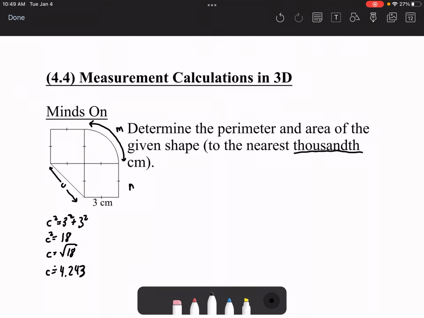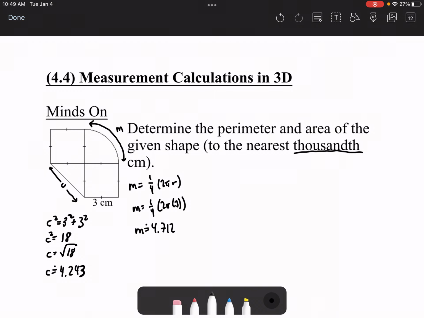So M can be calculated by 1/4 of the circumference of a circle, which is given by 2 pi times whatever the radius is. Again, using my calculator to work that out, I get approximately 4.712.